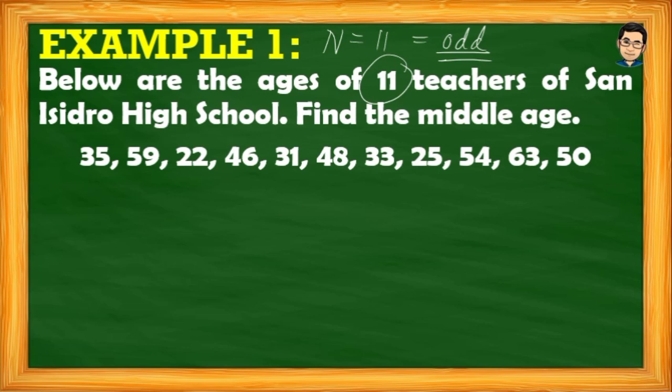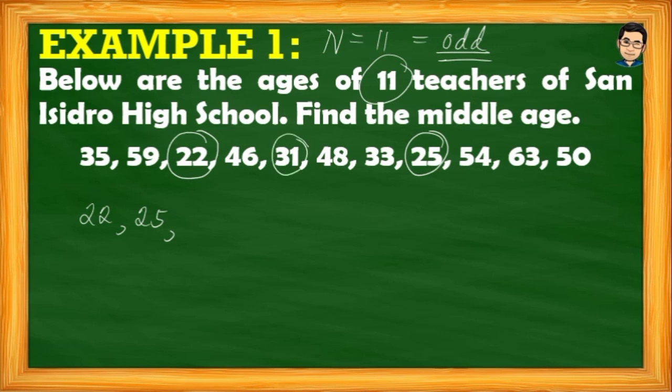So ngayon, i-arrange natin yung mga edad. So, usually ang ginagamit natin dito is yung ascending. Yung mag-i-start tayo sa pinakamababa and then pinakamataas. So, yung una nating ililista is 22. So, yan, bilugan natin para hindi tayo nalilito. Next, we have 25. After ng 25, dun tayo sa line of 3.